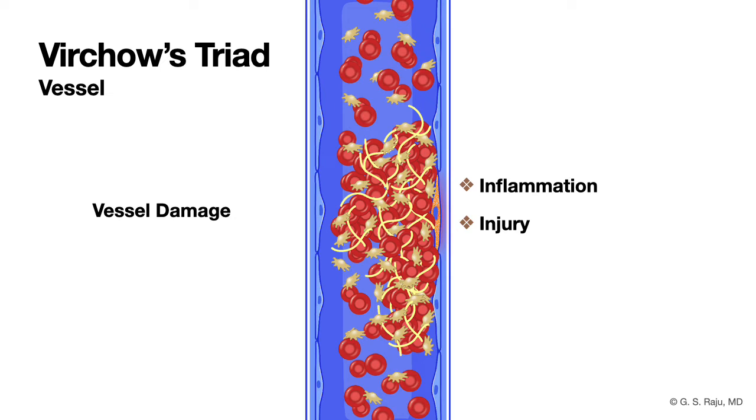Any surgeries or any type of injuries, whether surgical or blunt trauma, could also damage the blood vessel, release tissue factors, and start the clotting cascade. So we looked at the vessel and vessel damage resulting in thrombosis, in this case portal, mesenteric, or splenic vein thrombosis.